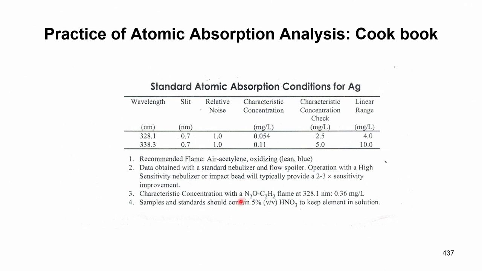Suppose you go for the determination of silver using a nitrous oxide and acetylene flame at 328, the detection limit is 0.36 milligram per liter.